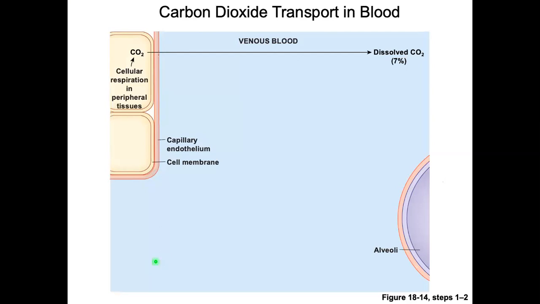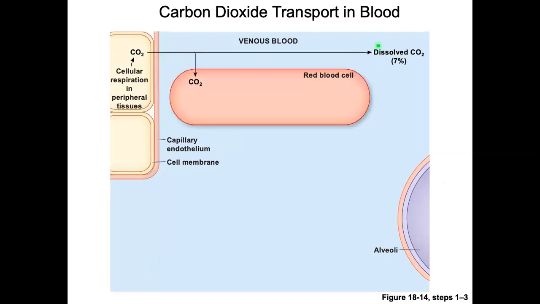So CO2 is generated at the tissues, right? Through cellular respiration. So CO2 is produced in the tissues. Some of it is transported in the plasma. A lot of it goes into the red blood cell, right? Where it binds with hemoglobin to make carbaminohemoglobin, that's 23%.